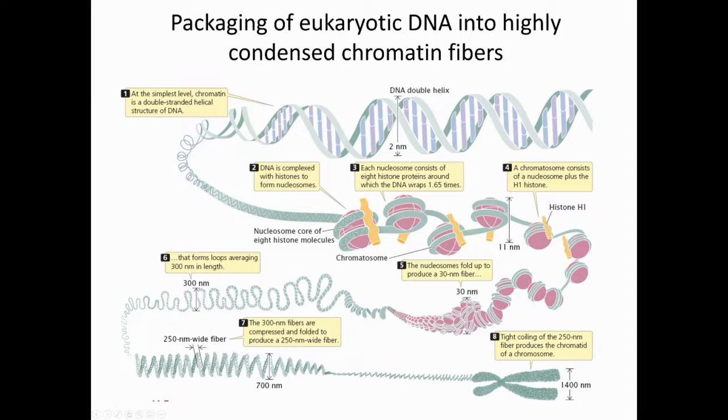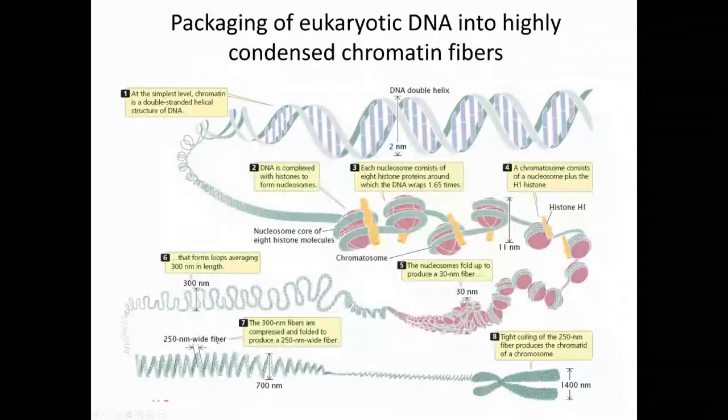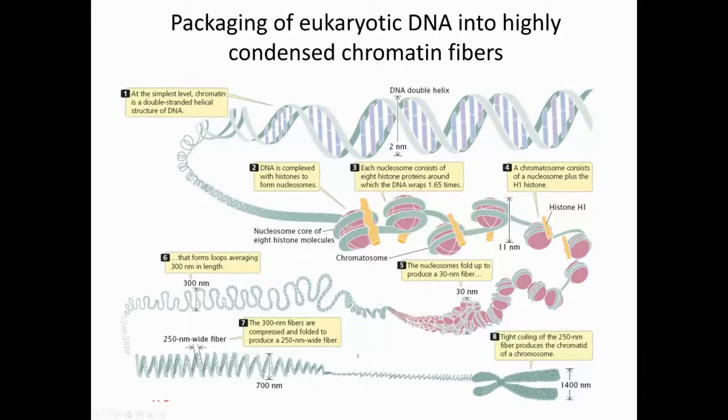This is about 11 nanometers, and then they pack further into a 30 nanometer fiber, then form loops of 300 nanometers, then compress into a 250 nanometer fiber, and finally 1400 nanometers, that's the chromosome.